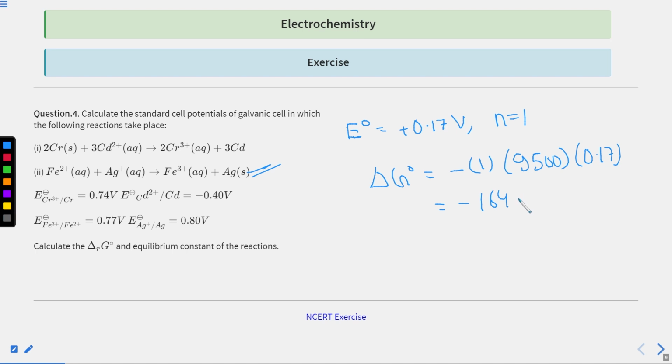So that will give you 16405 joule. Convert it into kilojoule, so we'll move 3 decimals back. That will give you minus 16.40 kilojoule. Okay, we have done this question. Now let us see the solution.